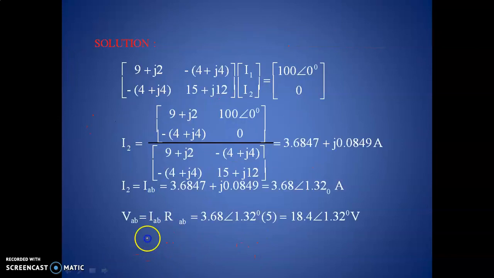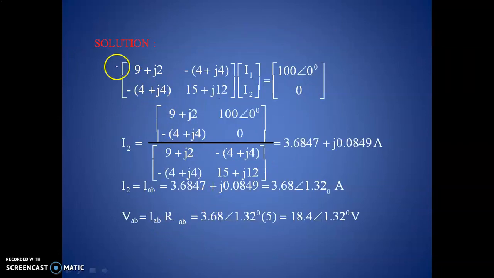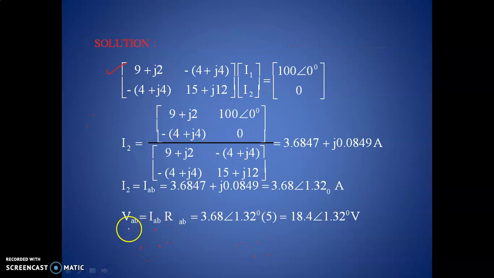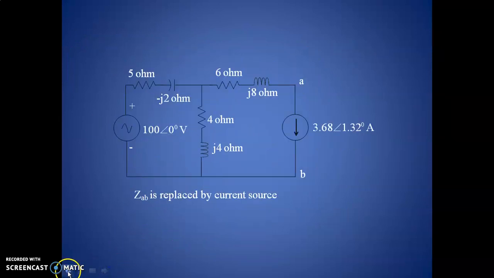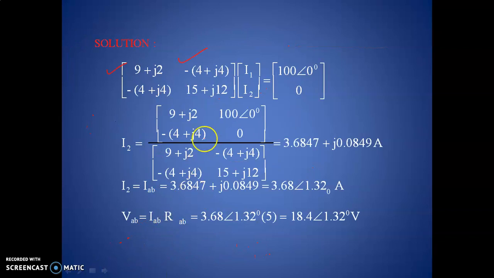Here it is written, it is actually j12. j8 and j4 is actually j12, sorry for that. So it is 9 plus j2, 9 plus j2, minus 4 plus j4, minus 4 plus j4, and 15 plus j12.